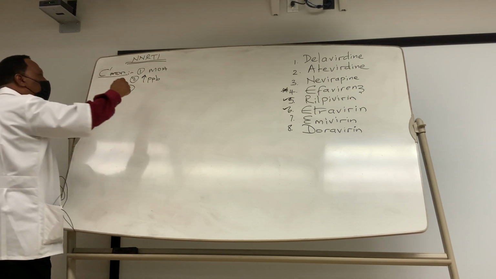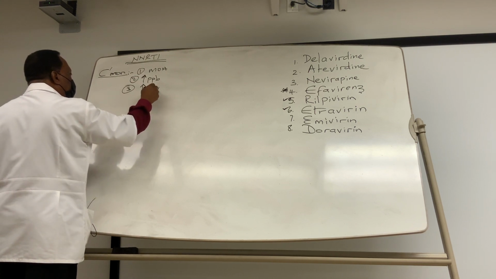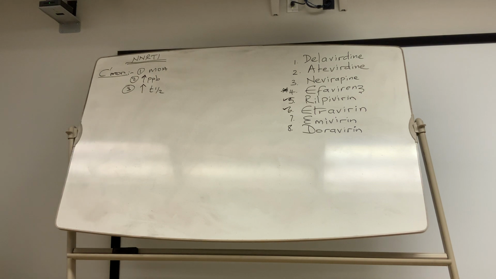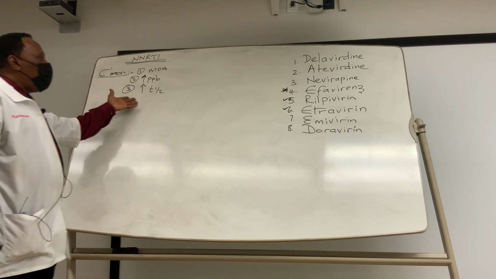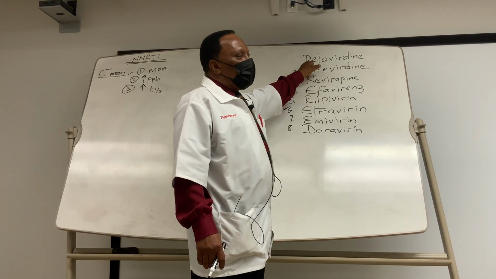And they all tend to have a very long half-life. The half-lives are usually in the 30 to 60 hours range. So very long half-lives, with the exception of Delaverdine.